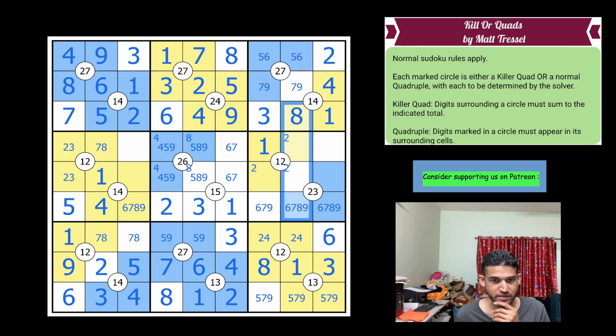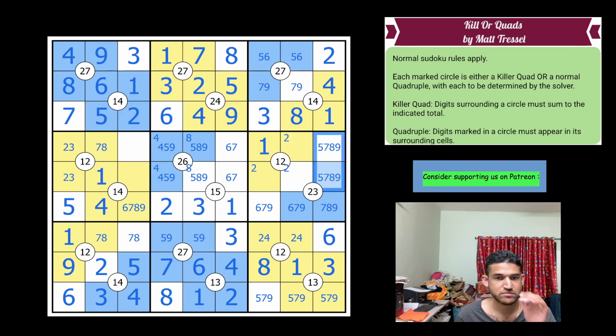So 8, 8, not 8. Still not a break yet. 6, 7, 8, 9. Okay. This is 5, 7, 8, 9. Wow, still the Sudoku is hanging on to dear life, right?